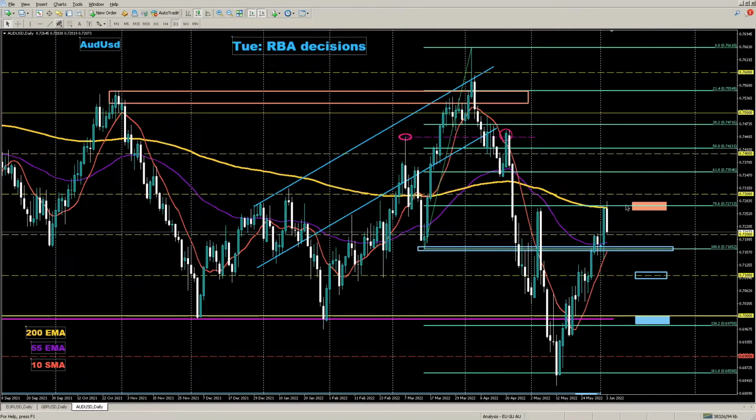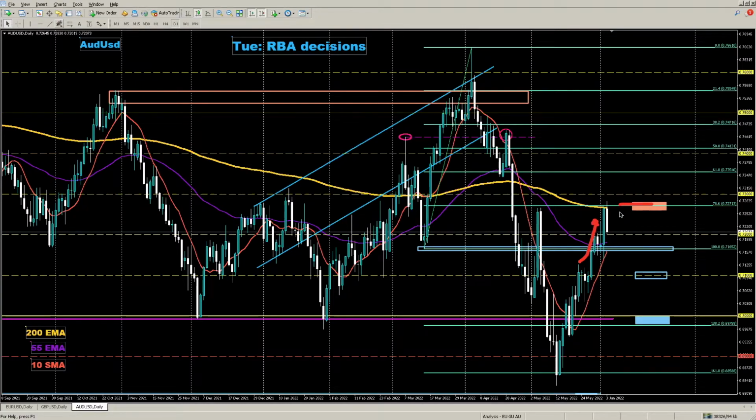All right, so in anticipation of next week's potential rate hike by the RBA, the Aussie has already started to move up higher. May pull back and consolidate first.